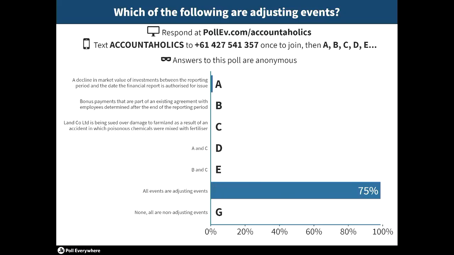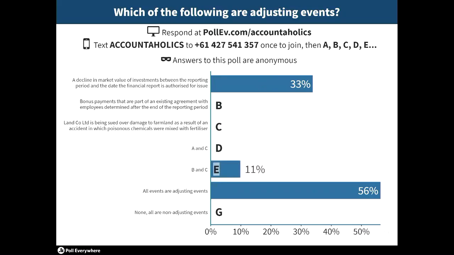Bonus payments that are part of an existing agreement with employees, determined at the end of the reporting period. Land Co. Limited is being sued over damage to farmland as a result of an accident in which poisonous chemicals were mixed with fertilizer.